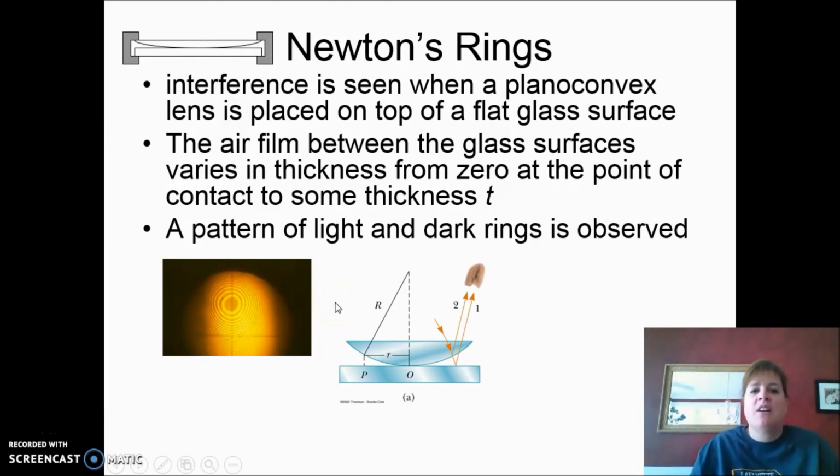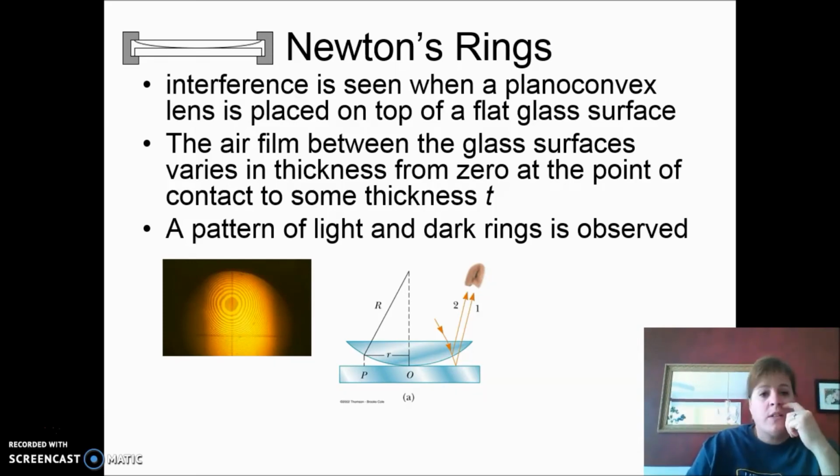You see this pattern of light and dark rings, and it is because you have this film of air in between two glass plates. Now what's kind of funny is thin film interference is really a wave property of light, and Newton was actually the first one to discover these, which is why they're called Newton's rings. He described it in terms of light rays, but it's really a wave property, so that's kind of interesting.